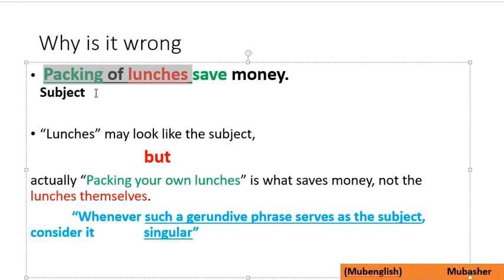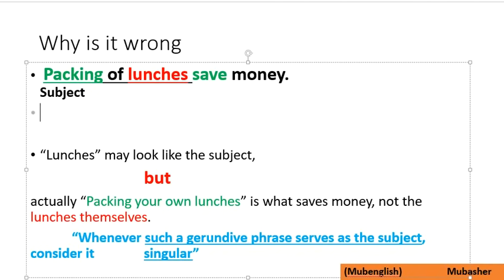So we need to understand its head word. So head word here is packing. Head word is not lunches. So as packing is singular, that's why we need to make this sentence like this one, packing of lunches saves money. Now it would be correct one.